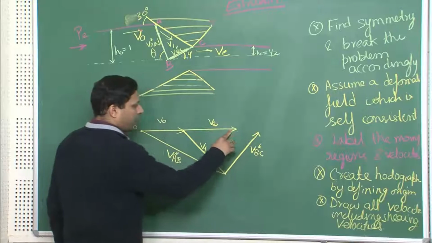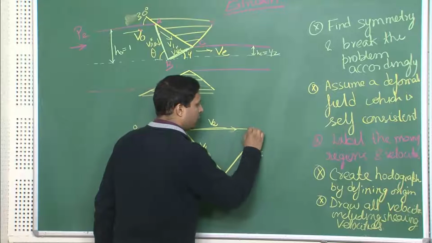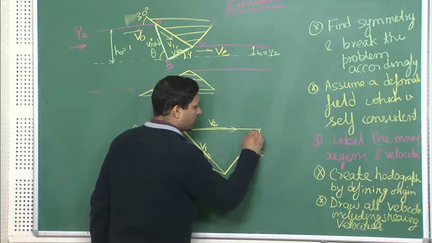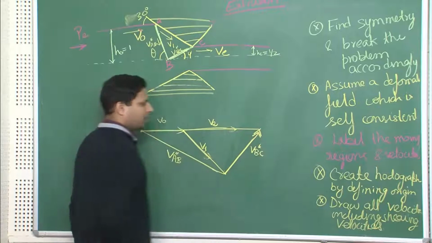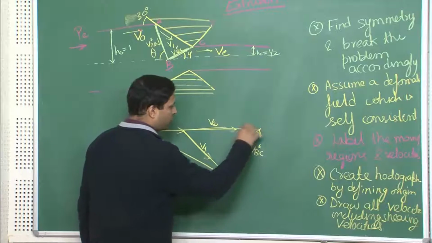We did not know the magnitude of VE, we just drew it along the right orientation. So, we will extend it until they meet, and therefore we also get the magnitude of VE.